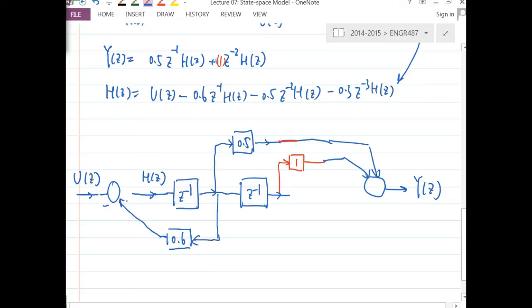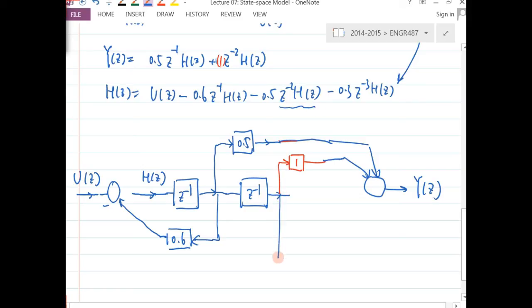That makes sense, right? So this guy subtracts 0.6 times z to the power -1 h of z. That's the first subtraction. And then the other subtraction is 0.5 times z to the power -2 h of z, and that's this guy here. So this z to the power -2 h of z is this signal.